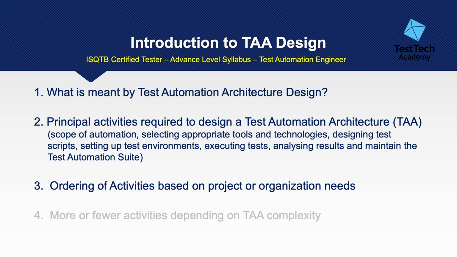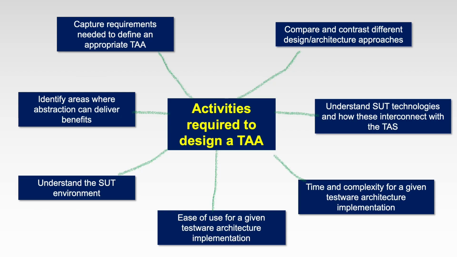For instance, in some cases, it may make sense to focus on tool selection and environment setup early on, while in other projects, getting straight to test script design and execution may be the best fit. Another important point is that the complexity of the TAA can influence the number and depth of these activities. In this video, we will discuss two of these activities as highlighted here.